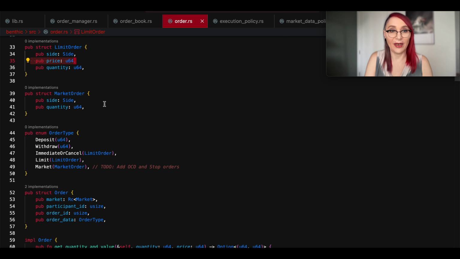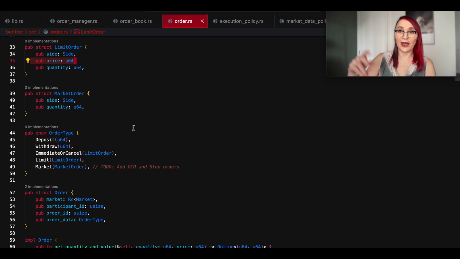So this way, by having an enum, I will never get confused in Rust with the type of order I'm processing. If I'm processing a limit order, Rust will shout at me saying, hey, Sonia, it is a limit order, it has a price, you forgot about the price. Or if it's a market order, Sonia, there is no price in a market order. How many times have I had issues with orders in C# or C++ where there was price equals 0?